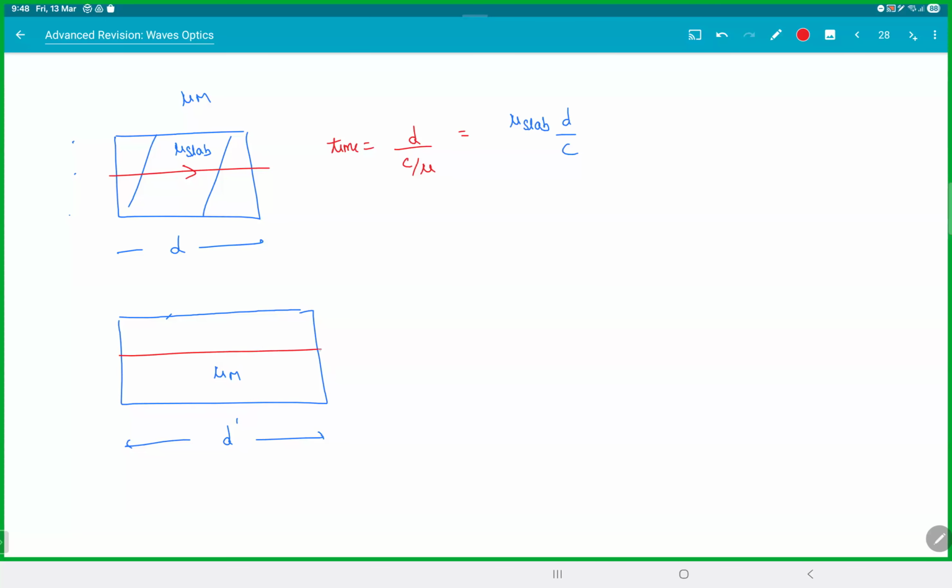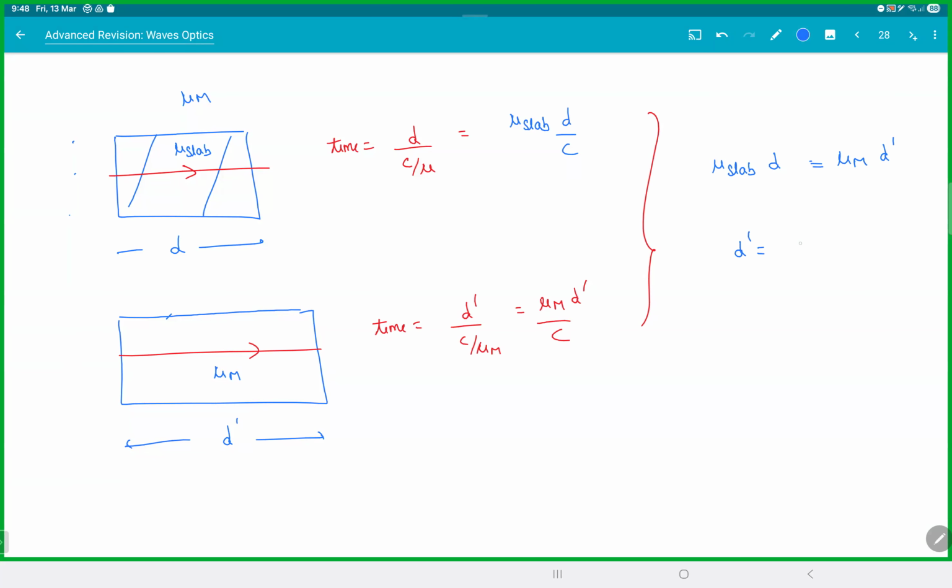So here, if the light ray travels here, the time taken must be D dash by C by mu medium, which is mu medium D dash by C. And when you equate them, mu slab D is equal to mu medium D dash.